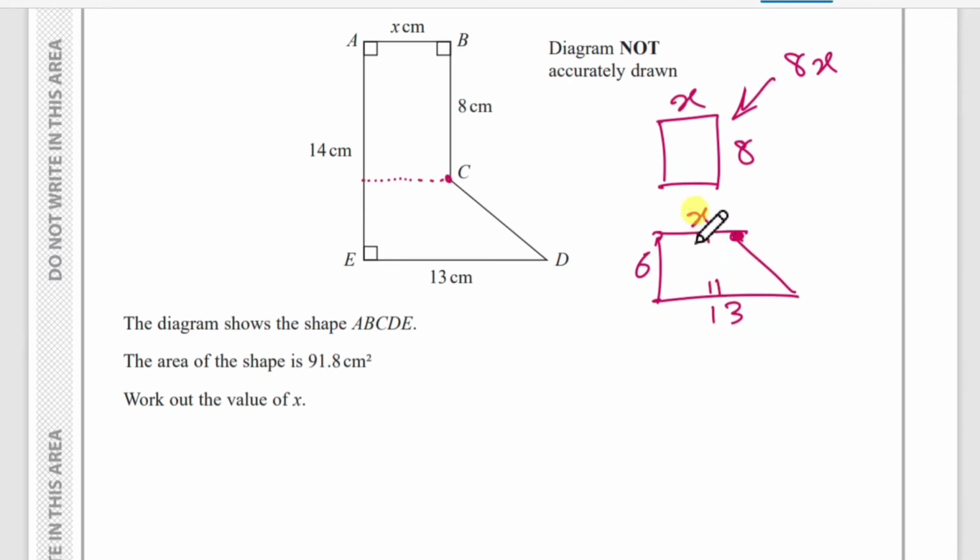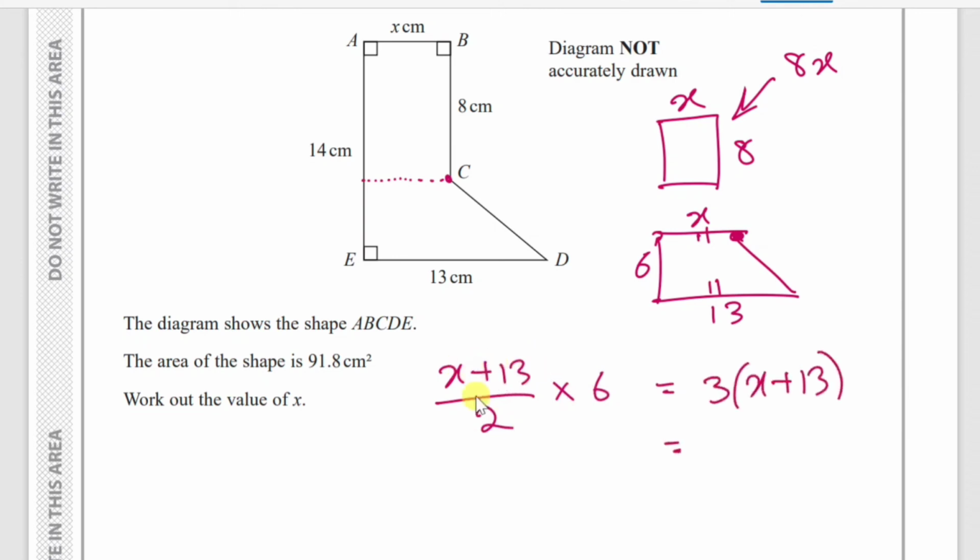Add up the 2 parallel lengths, so x plus 13, divide by 2, and then times by your height, which is 6. To simplify, 6 over 2 is just 3. So that is 3 times (x plus 13), which is 3x plus 39.